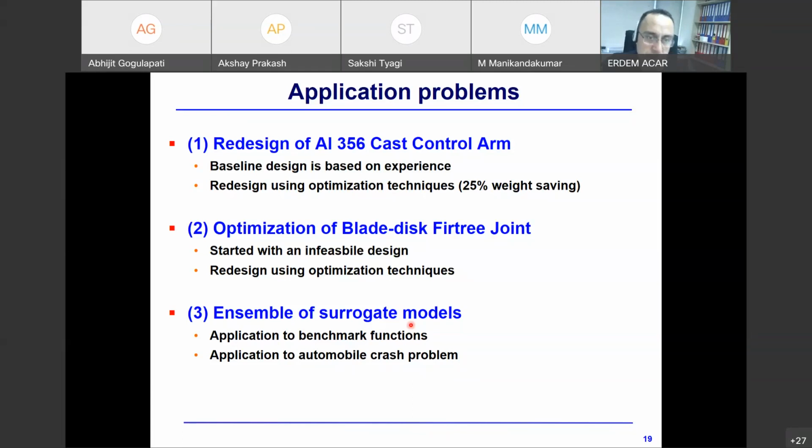In the second optimization problem, we have this blade disc forge joint. Over here, we started with an infeasible design, and we performed the redesign by using optimization techniques, and I'm going to show that now the design becomes feasible. And I have one application problem on ensemble of surrogate models.